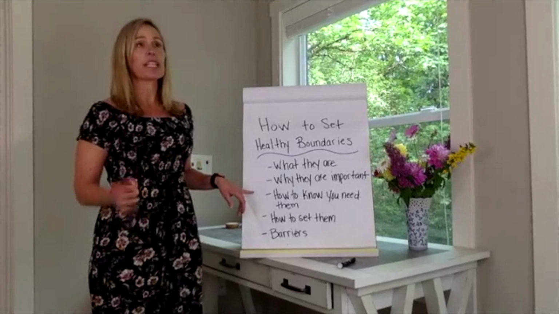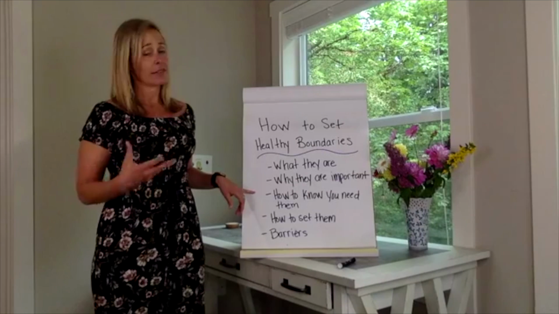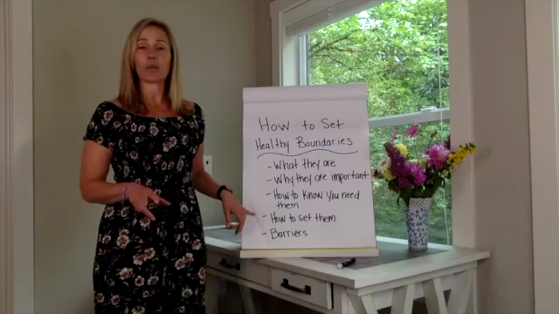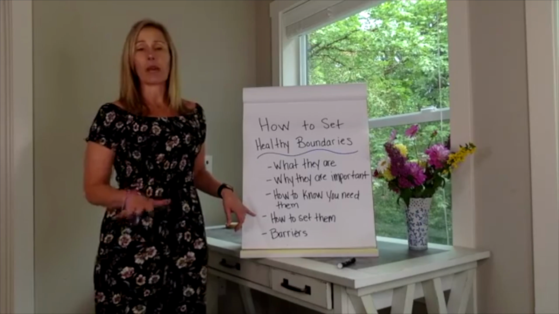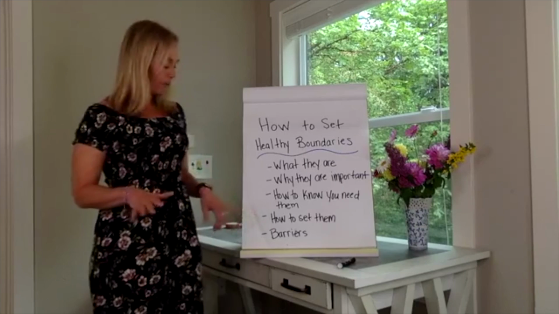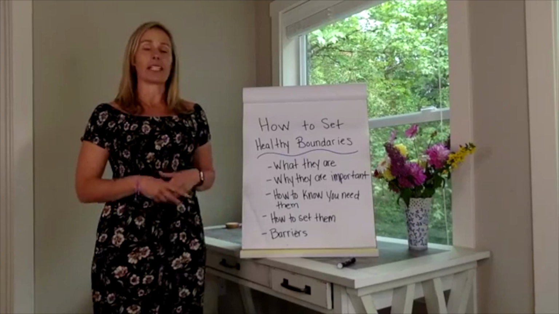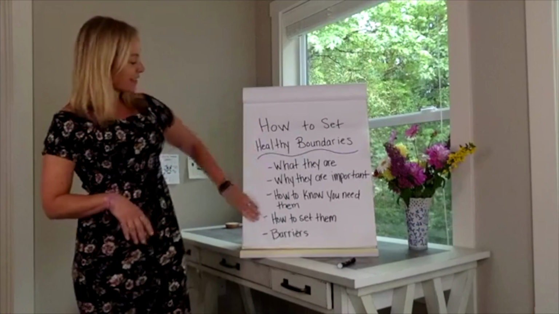There are some really key identifiers to let you know that there's something that's missing in your life, how to set them. I'm going to take you through a 5-step simple process to start implementing boundaries in your life right now, and then some barriers that will come up when you start implementing the boundaries in your life. So let's go ahead and get started.